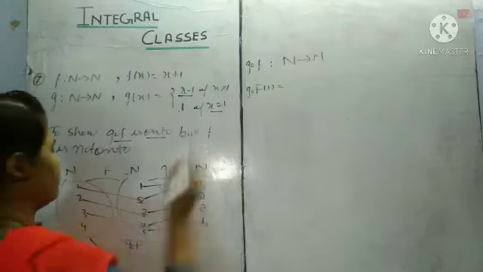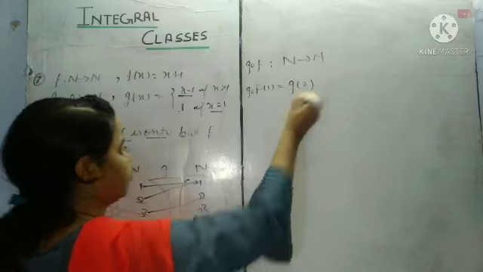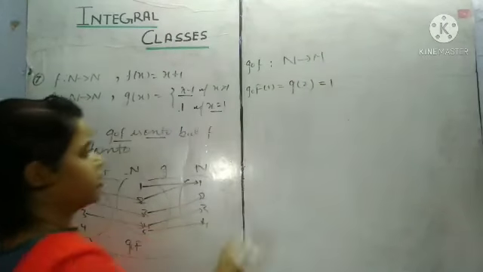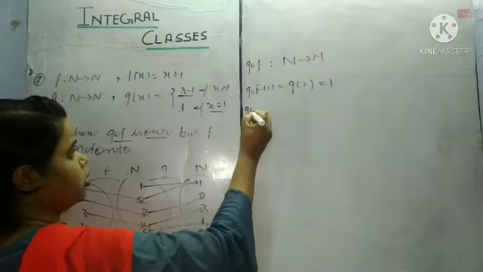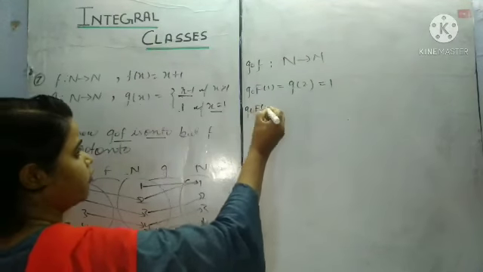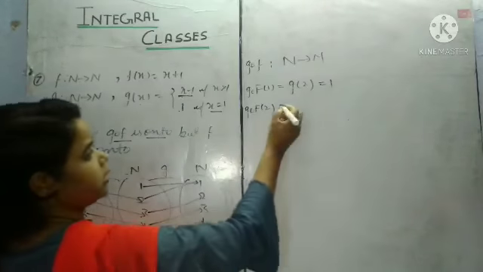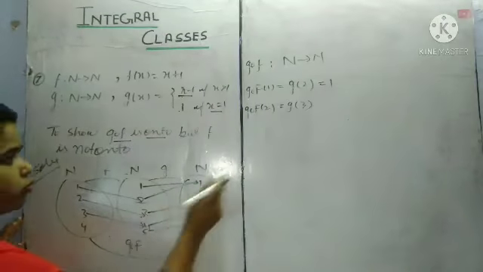Now f of 1 gives 2, so we will put g of 2, and g of 2 equal to what? 1. So we will get the value. Similarly, we will find the value of g of f(2). Now f(2) equal to 3, so g of 3, and g of 3 is equal to 2.